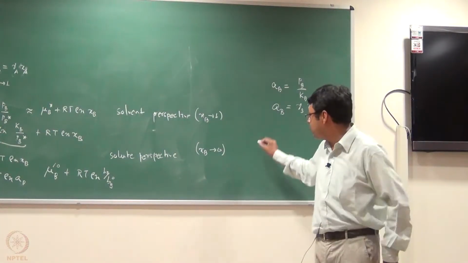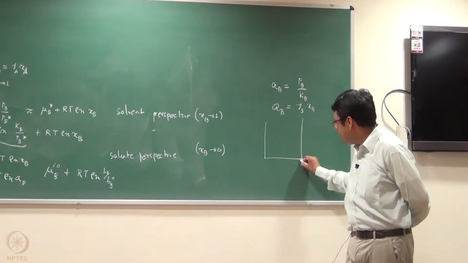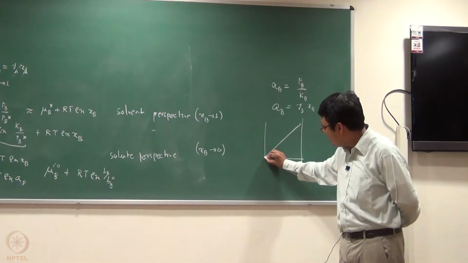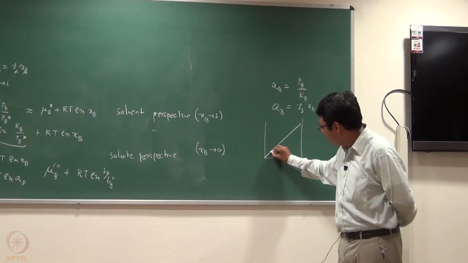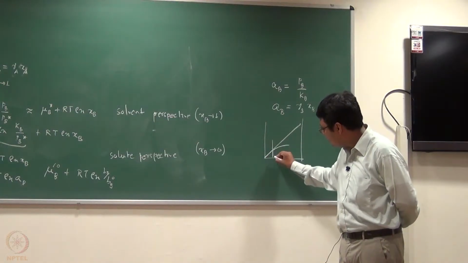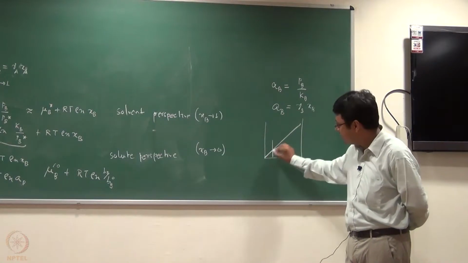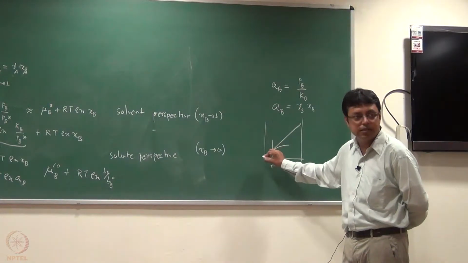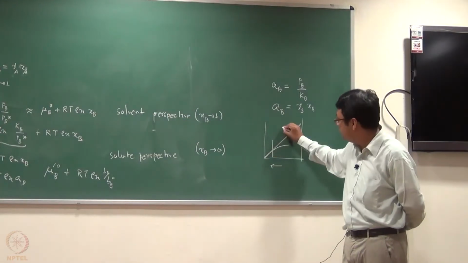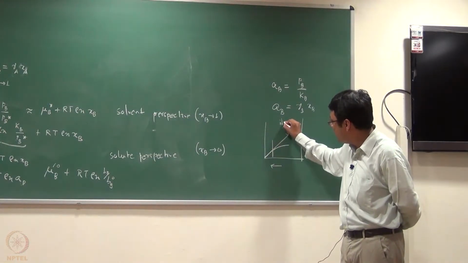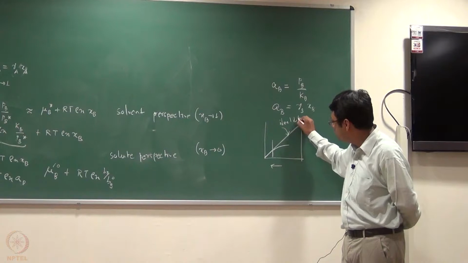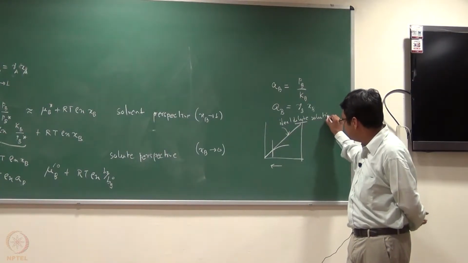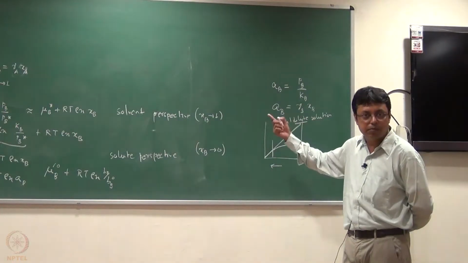So long story short, what I am saying here is that I had Henry's law, this is the ideal thing, and there was a range where the real curve matches with the ideal thing, in the limit when the mole fraction is very small. That's why I call this curve the one for an ideal dilute solution, from the perspective of the solute.